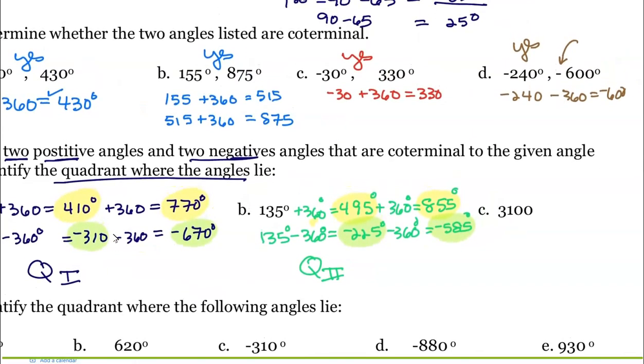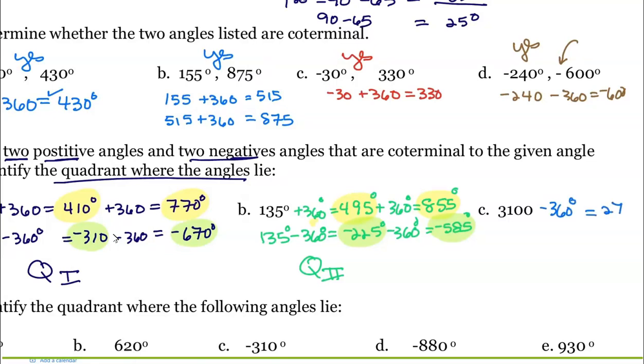And now for the 3100, you have some options. So I think what I'm going to do is I'm going to take 3,100, which is awfully big as it is, and subtract 360. If I subtract 360, what do I get?